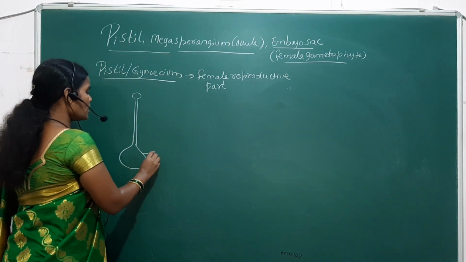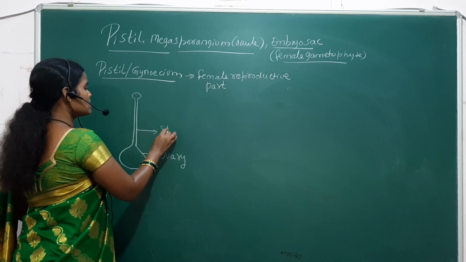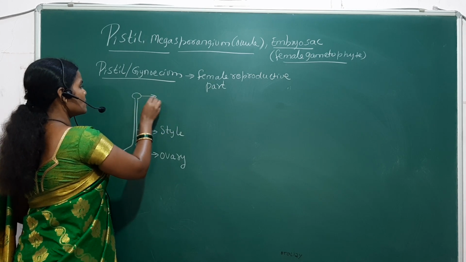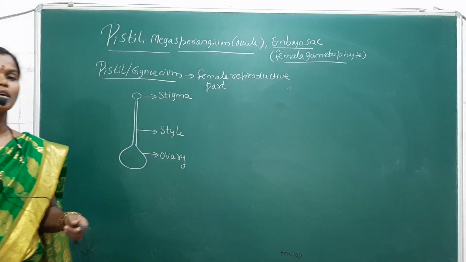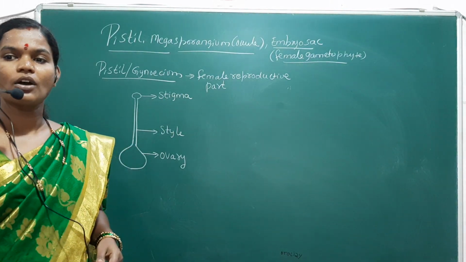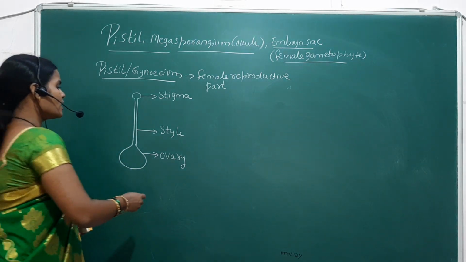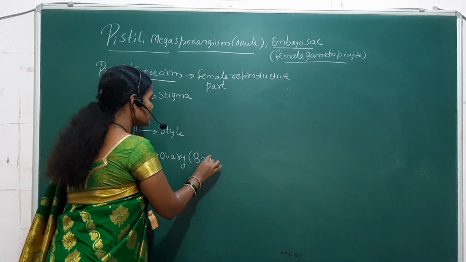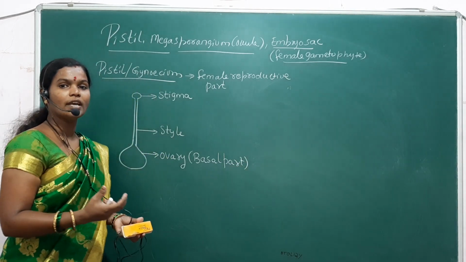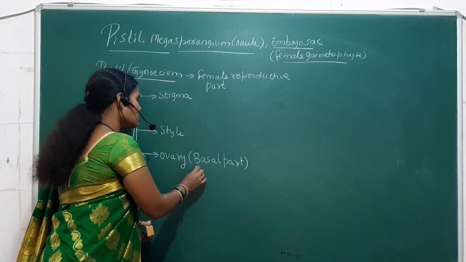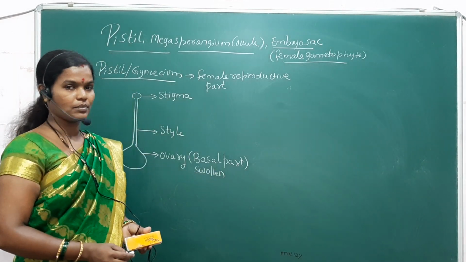That is, the ovary, the style, and the stigma. The gynoecium is made up of three parts: ovary, style, and stigma. The ovary is the basal part, which is swollen in nature.